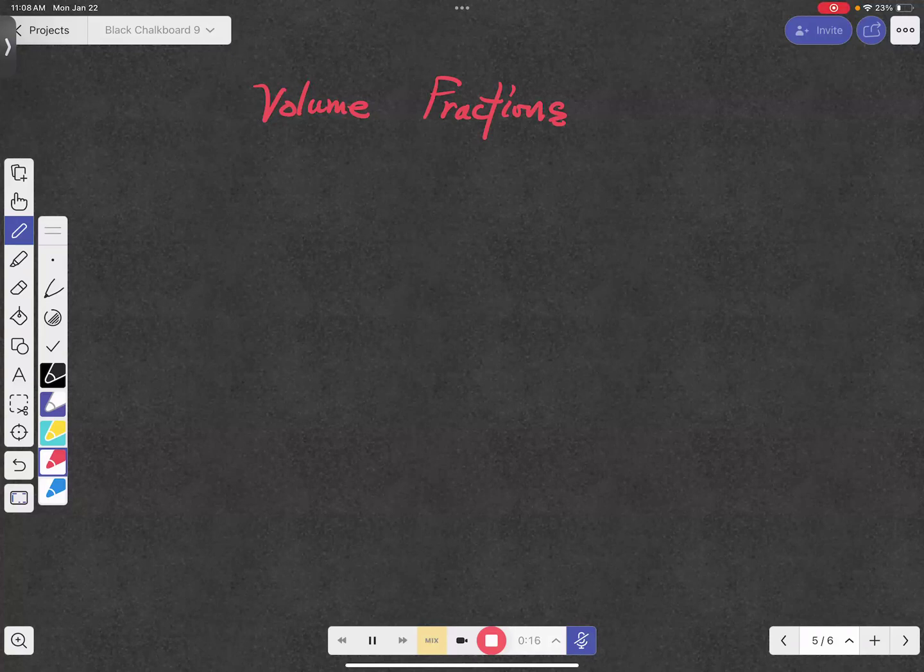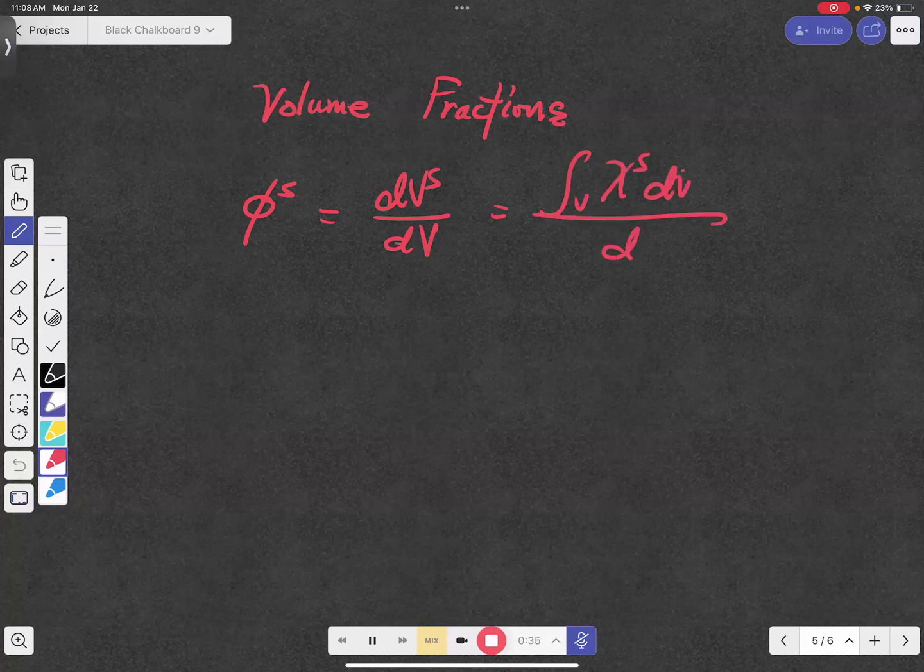Volume fractions. I will introduce two terminologies. One is the volume fraction of solid, which is dVs divided by dV. It tells you how much of the portion is solid, which is simply this. This is pretty trivial, right?